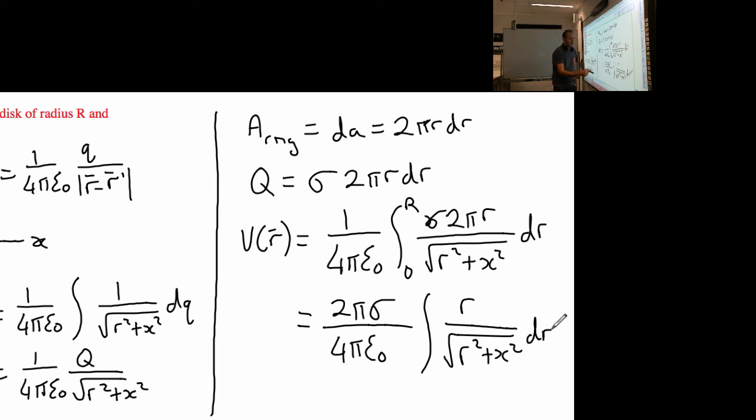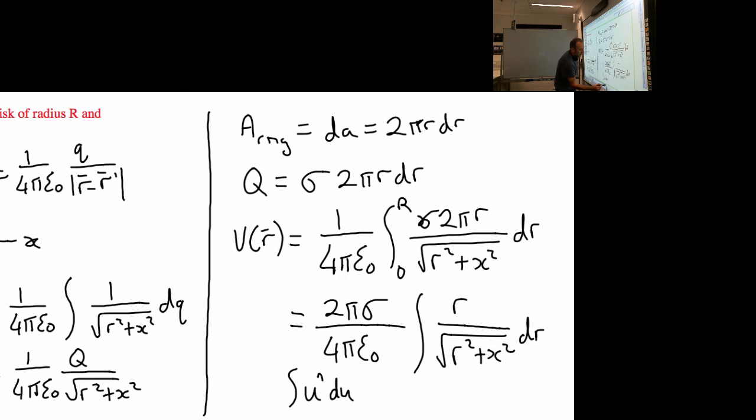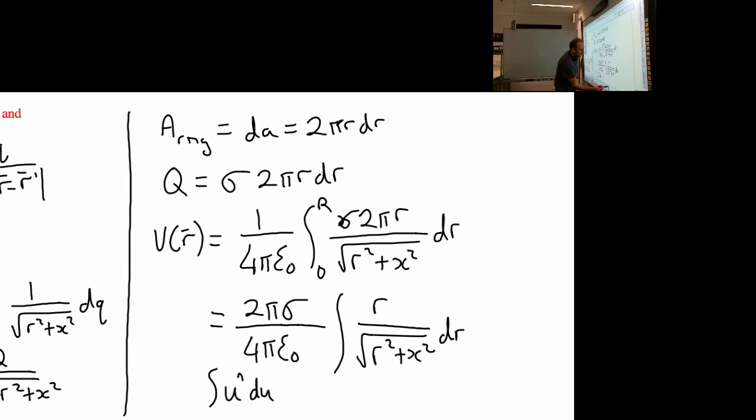This integral is going to have the form of the integral of u to the power of n du, because you can write it as r times the inverse square root of r squared plus x squared.